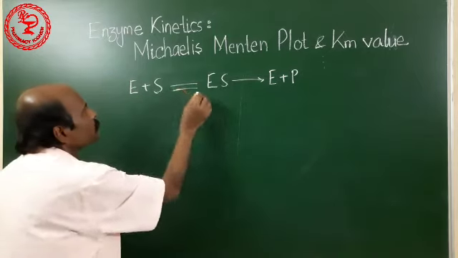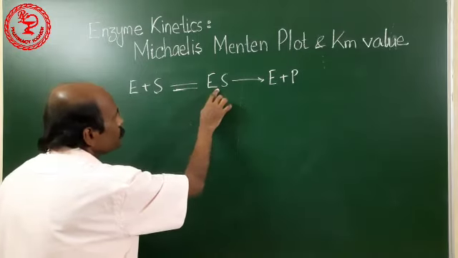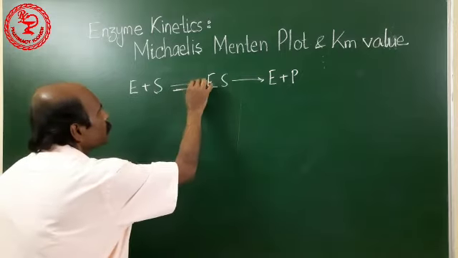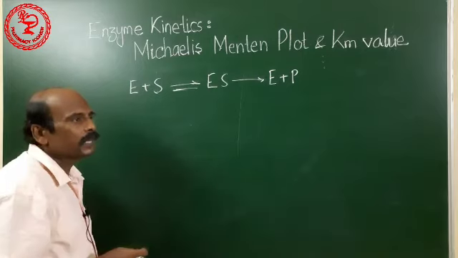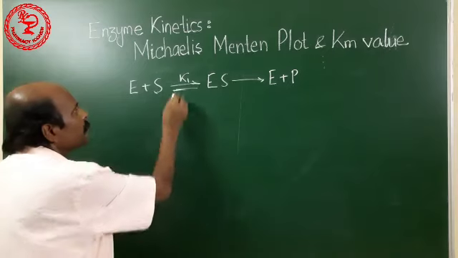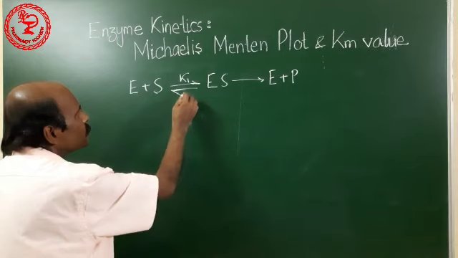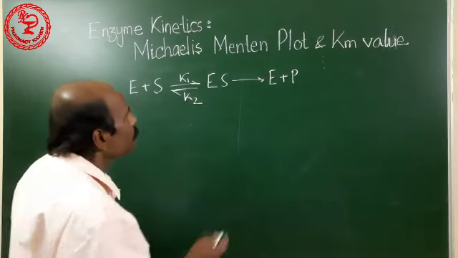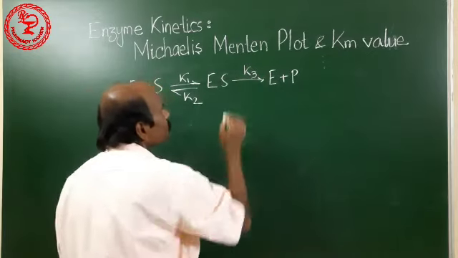So here the forward reaction produces the enzyme substrate complex. In the forward reaction, the velocity constant is K1. In the backward, reversible reaction, the velocity constant is K2, and for the product formation the velocity constant is K3.